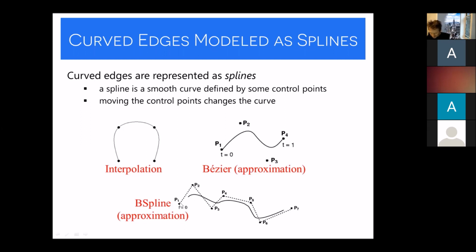When you look at these control points, they form a piecewise linear curve, connecting P1 onward. This is like the control skeleton. There are different kinds of splines, called the Bézier spline or B-spline. Bézier was a French guy who was actually working for Renault.